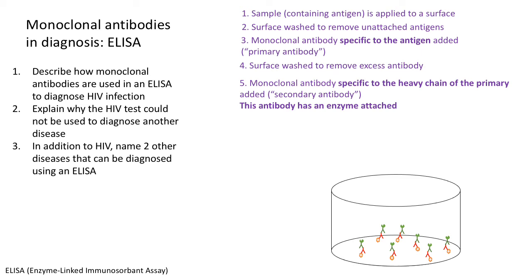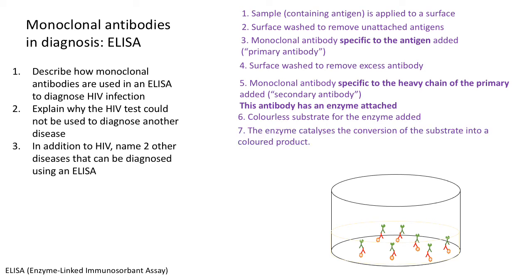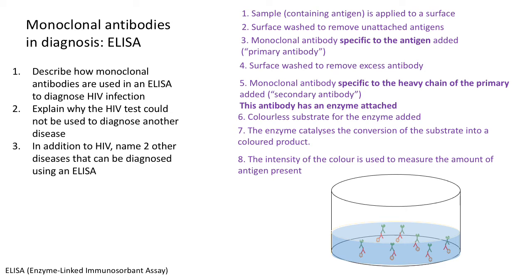So now, what happens next? A colourless substrate is added for that enzyme. And then if there's enzyme present, that will obviously catalyse the conversion of that substrate into a coloured product. So the intensity of that colour can be used to measure the amount of antigen present.